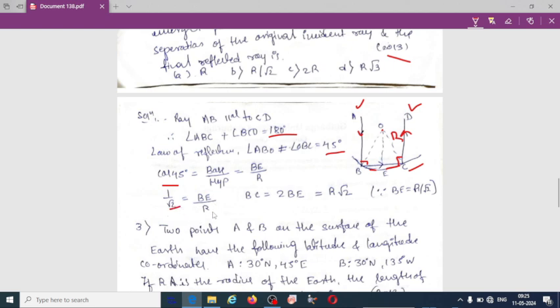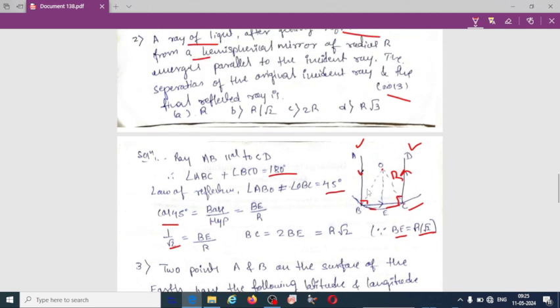Then BE by R is 1 by root 2. So here BE is equal to R by root 2. Then we can calculate BC. The final reflected ray BC is equal to 2 times BE, that is R root 2.